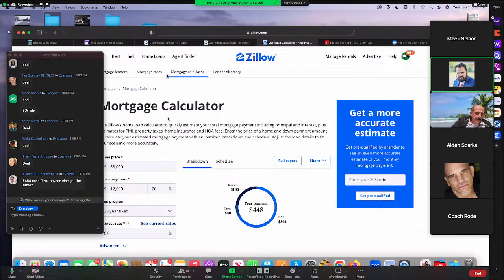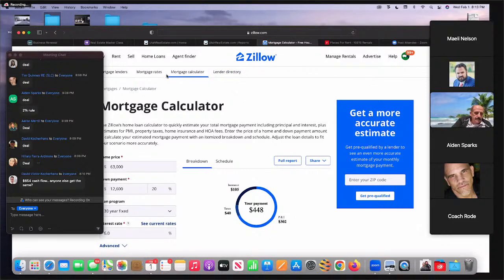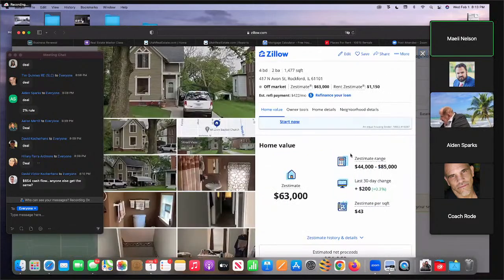I know, Rosie, you're using a slightly different calculator. Actually, no. I got the Zillow going when Maeli walked us through it. So the 10% is added to the rent amount, right? Yeah. 817. Okay. That's what I got. Okay. All right. Good deal.